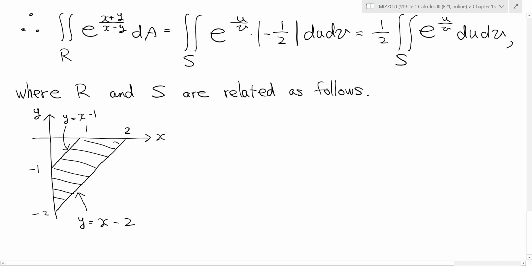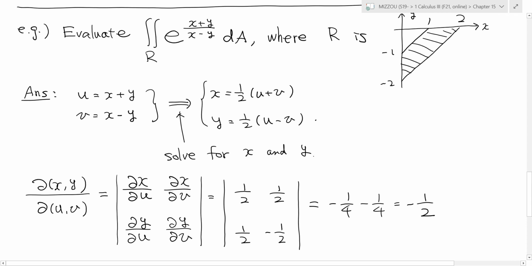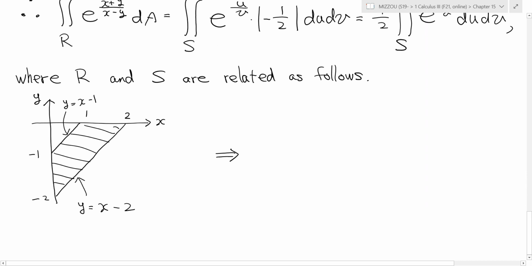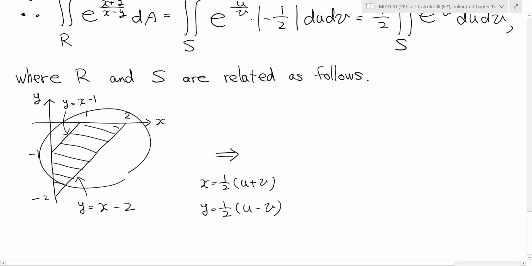Then now, we make this substitution. x is equal to 1/2 (u plus v), and y is 1/2 (u minus v). Then how is this going to be changed to some other region on the uv plane?